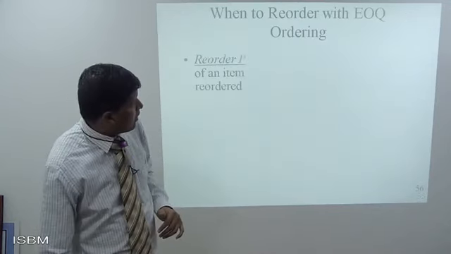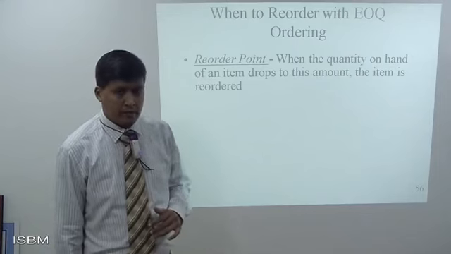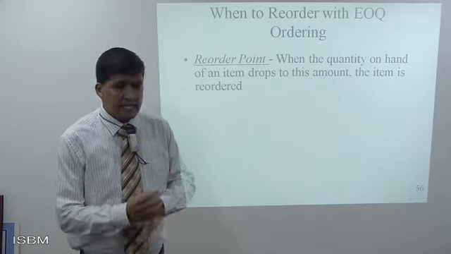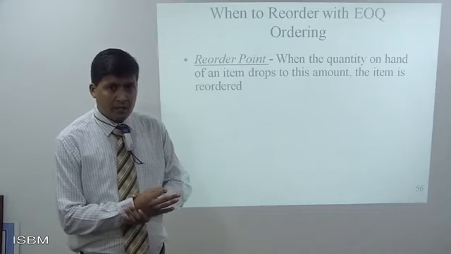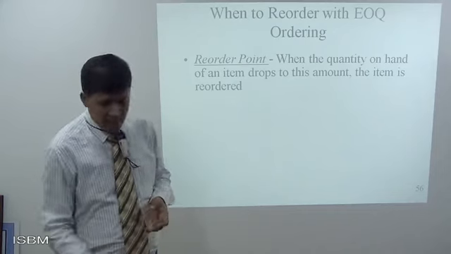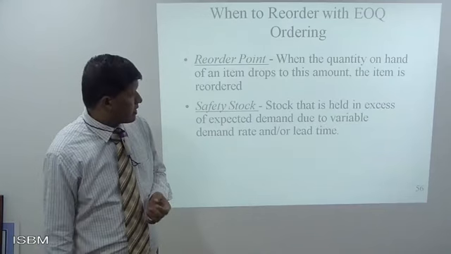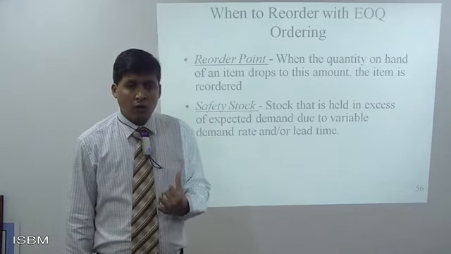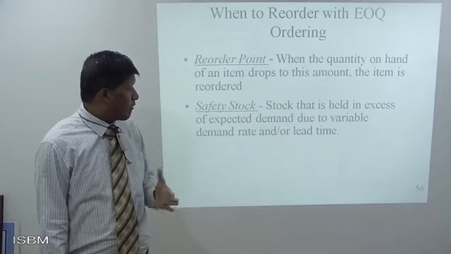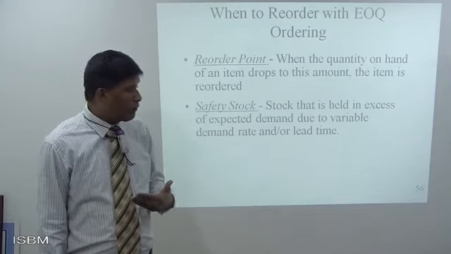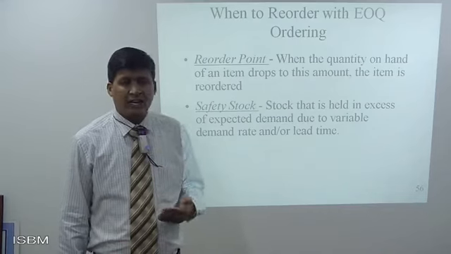With this, what comes is the reorder point. When the quantity on hand of an item drops to this amount, the item is reordered. Safety stock is stock that is held in excess of expected demand due to variable demand rate or lead time.